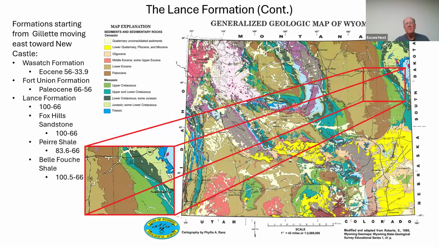On the most part, let's see if I can get the colors right. This is your Paleocene, and next to that is your Upper Cretaceous. Upper and Lower Cretaceous is over near Newcastle, where my cursor is. And generally our search area is in the Upper Cretaceous or Late Cretaceous, depending on how you like to declare it.